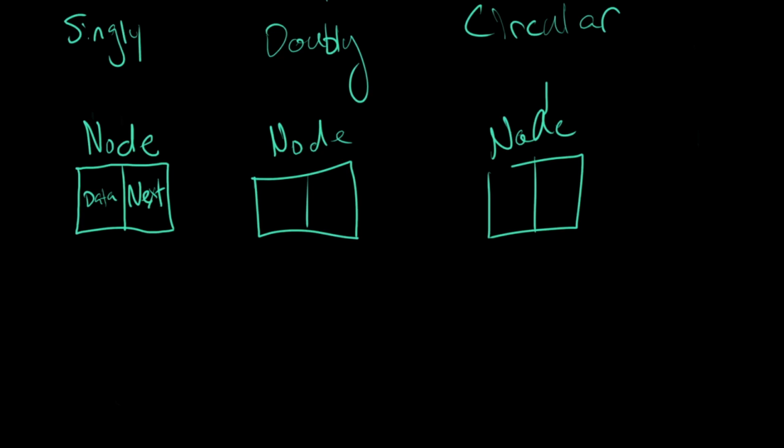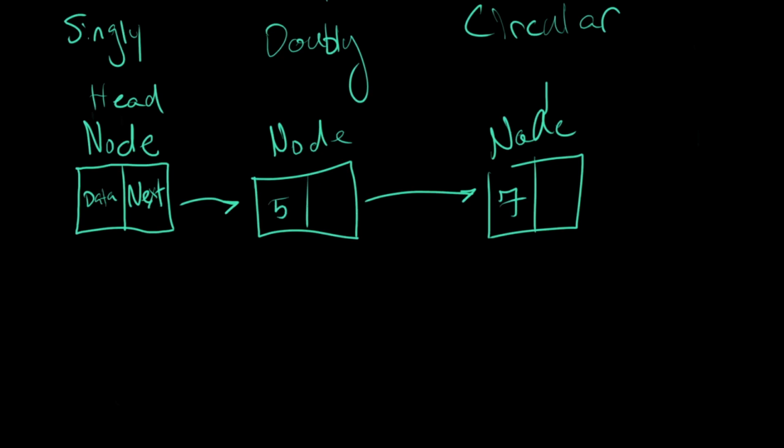This node here would be the first node in our list, and this is what's known as the head node. That's going to be important. It points to the next node, and then that points to the next node. The data field stores whatever type of data we're storing.